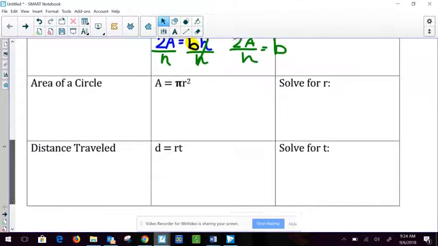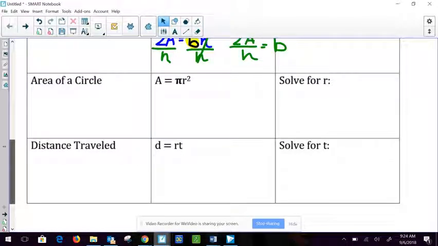As far as the front side goes, there's a lot of other good equations here. I will go ahead and just write down the answers if you want to hit pause and try some of them on your own. So go ahead and hit pause now.